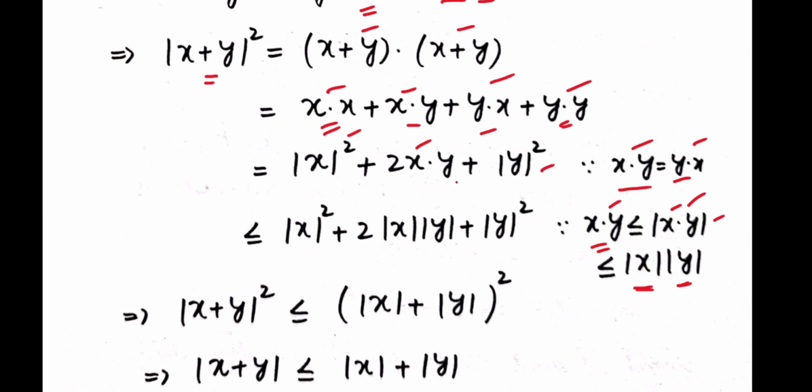So the sum of these three terms is less than or equal to the sum of these three terms. This is the square of the norm of x plus the norm of y, and by taking the square root on both sides, we have the norm of x plus y is less than or equal to the norm of x plus the norm of y.